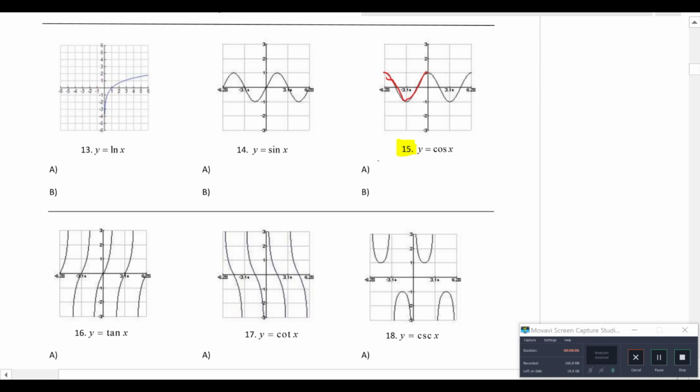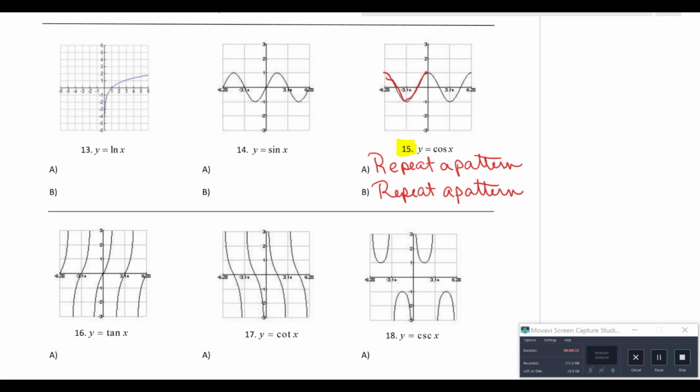So I'm going to say that the Y's repeat a pattern. And going to the right, the Y's also repeat a pattern. So it doesn't go up forever or down forever or approach a particular value. It keeps doing the same thing, so it's repeating a pattern.